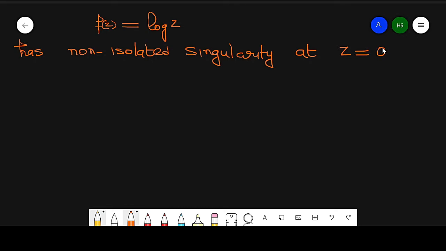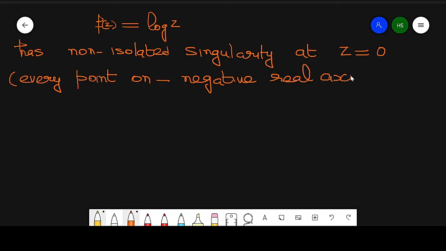Because every point on the negative real axis, including z equal to 0, is a singular point. So all of these are non-isolated singular points.